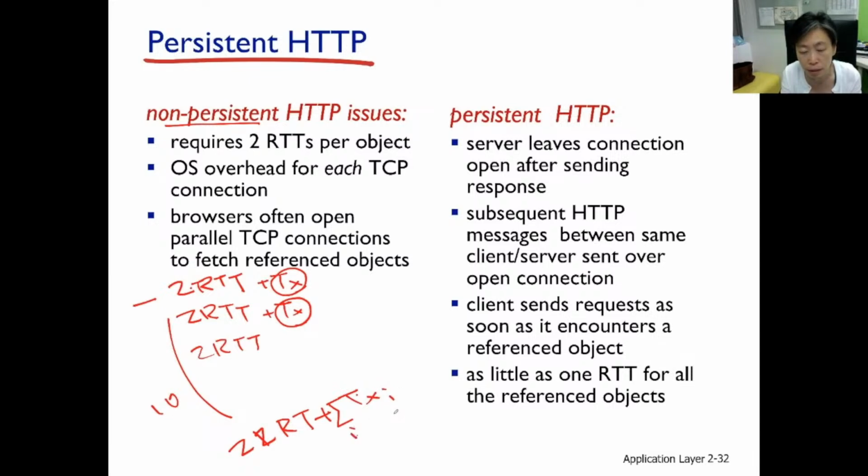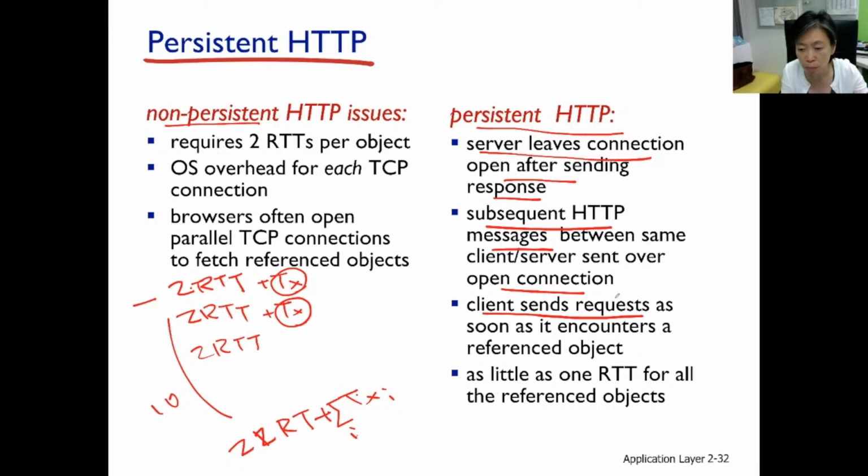All right. Now, for persistent HTTP, the server is going to leave the connection open after sending the response. So subsequent HTTP messages between the client and server will be sent over the open connection. Client can send requests, as I said, right?